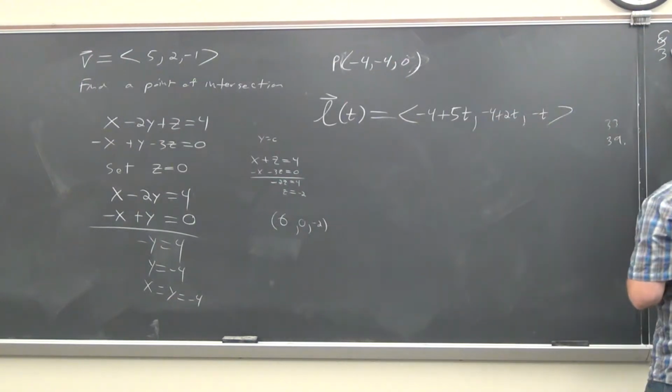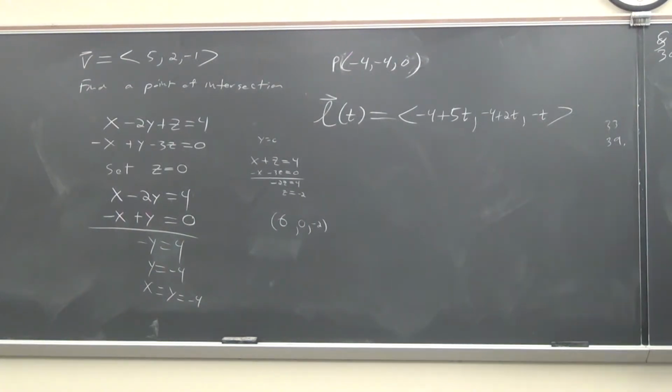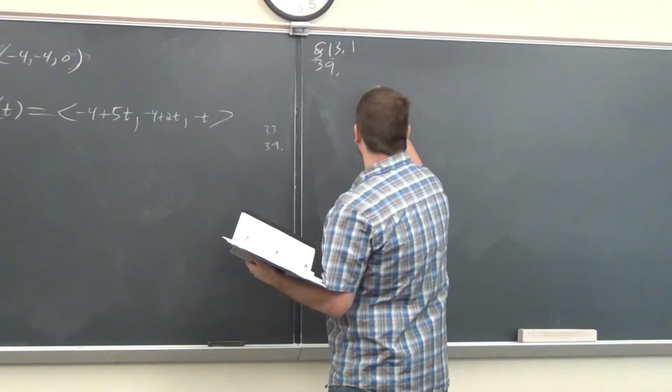So 39. Let's see here. 39 says, find an equation of the plane that contains the lines, and so let me just write out the lines.